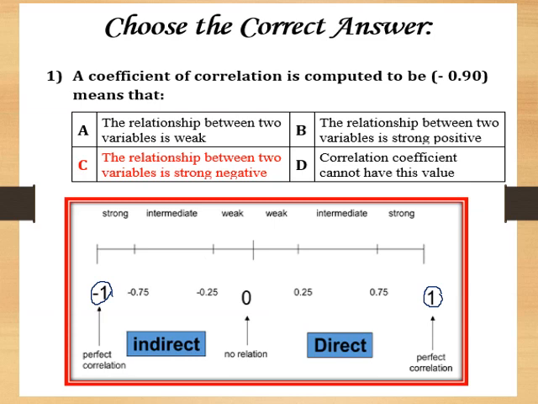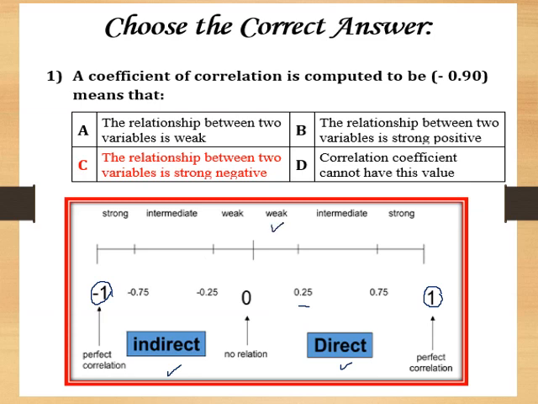If the correlation coefficient is positive, then the relation is direct. While if the sign is negative, then the relation is indirect. The value of the correlation coefficient determines the strength of the relation. If the value is between 0 and 0.25, then the relation is weak direct.